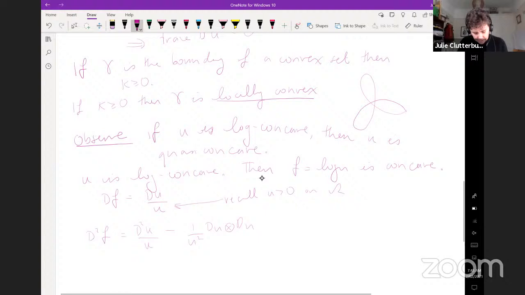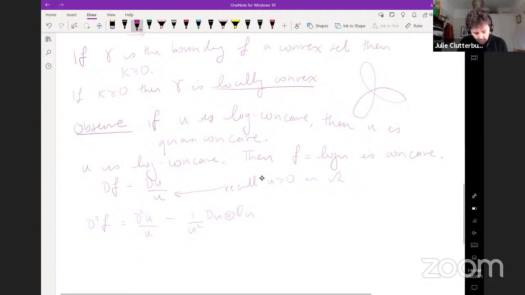And now if we know u is log concave, then we know that D2f is negative semi-definite.